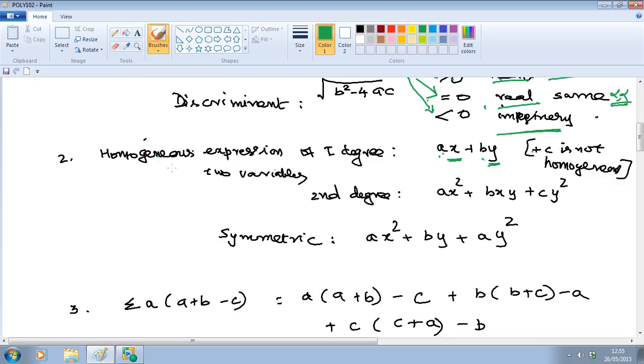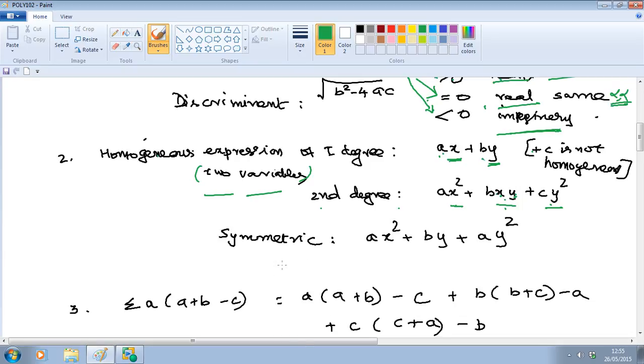For homogeneous with two variables, the second degree is ax² + bxy + cy². This is a homogeneous expression. There is no constant term, and the degree is 2. For the xy term, the degrees 1 plus 1 are combined, so the degree is 2.